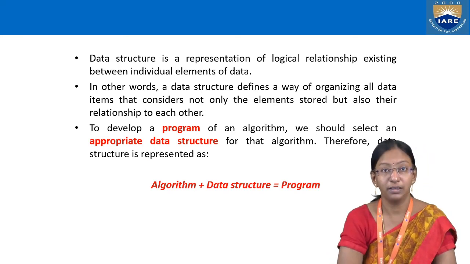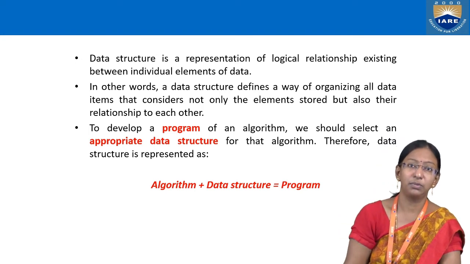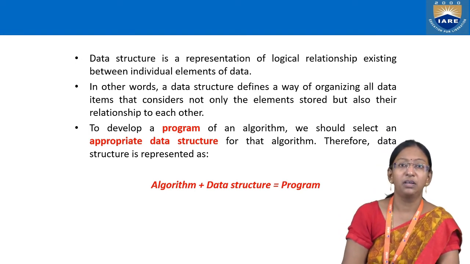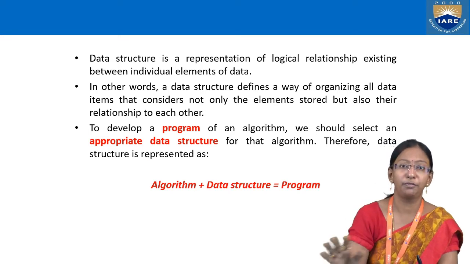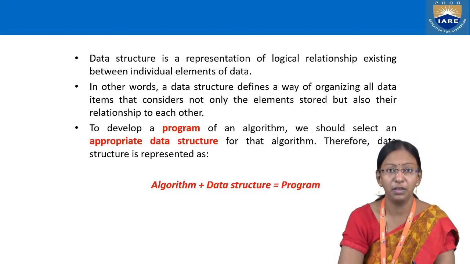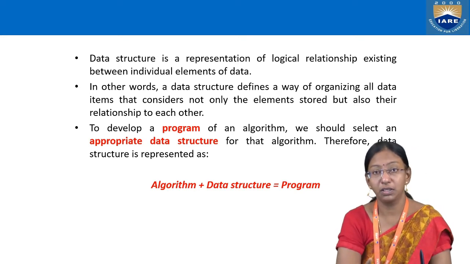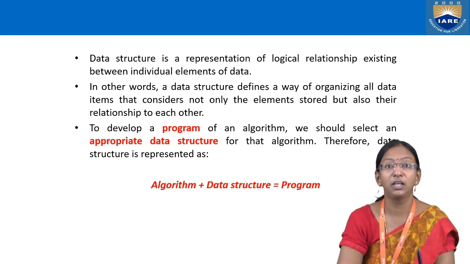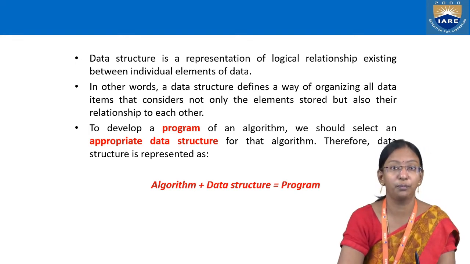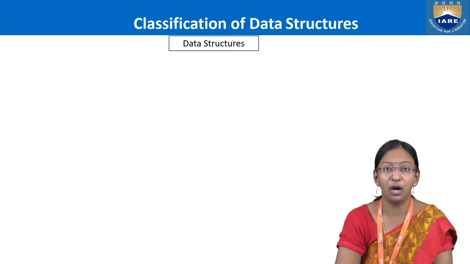That is nothing but an algorithm. An algorithm is a solution to any problem which has been roughly defined. So a combination of a solution, that is an algorithm, plus an appropriate data structure suitable for it gives you a fruitful program which executes fast and helps you get a fruitful solution, right?